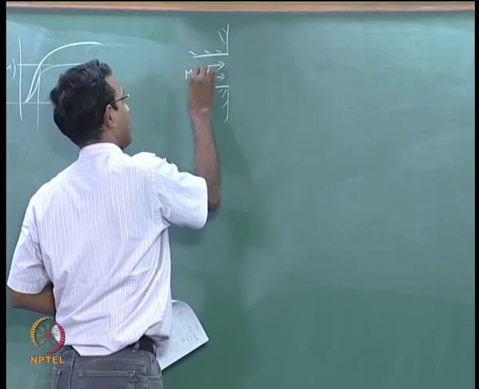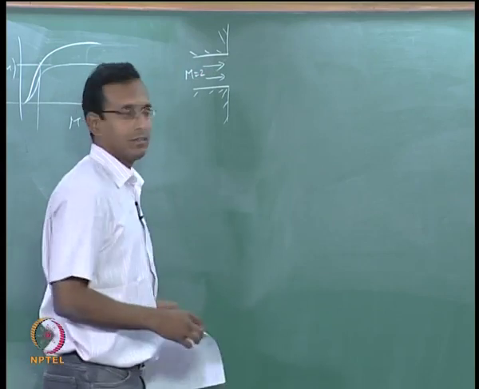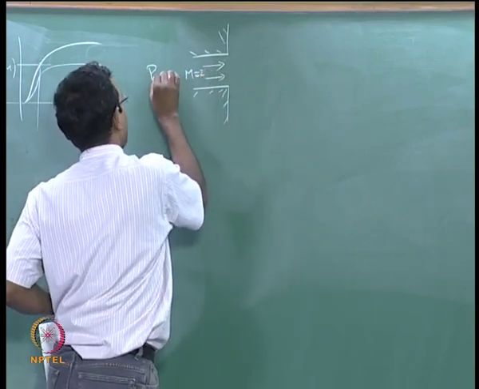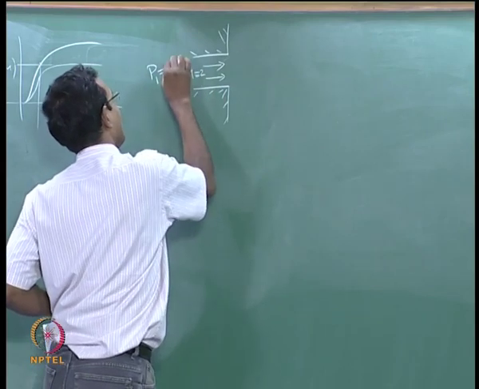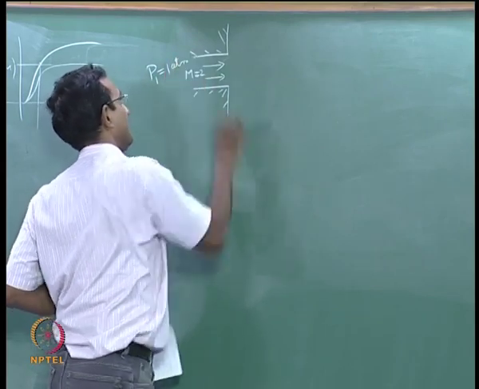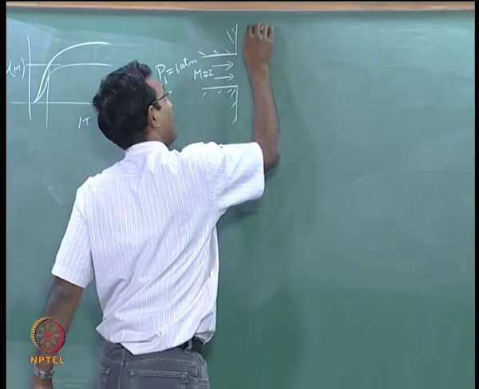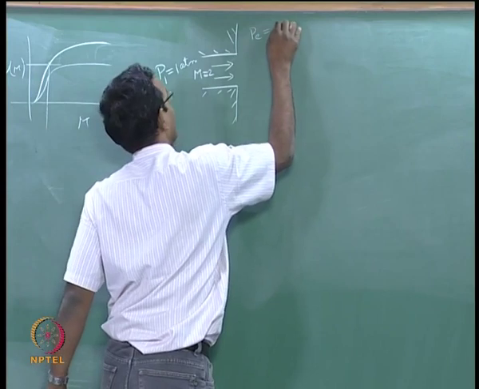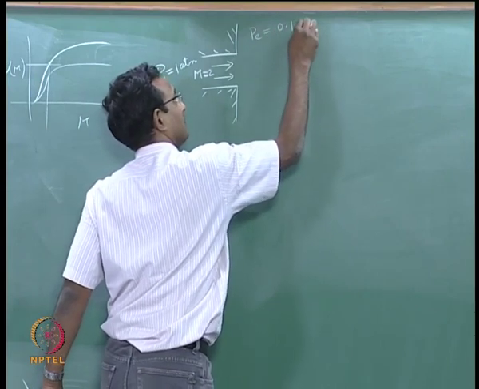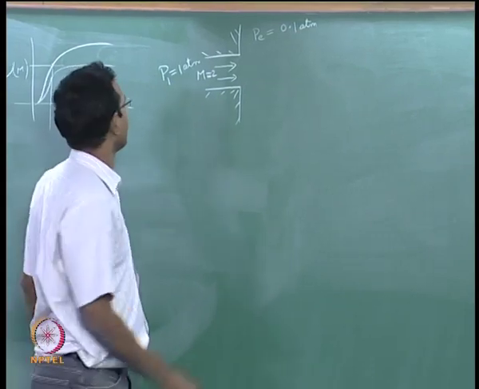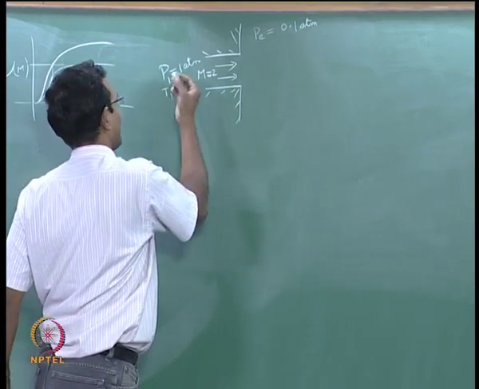Let us say M equal to 2, and I have to tell you P naught value. Let us say I will give you P1 equal to 1 atmosphere, if such a situation is coming out, and let us say P exit is equal to 0.1 atmosphere. And let us say we will give you a T1 also 300 Kelvin.